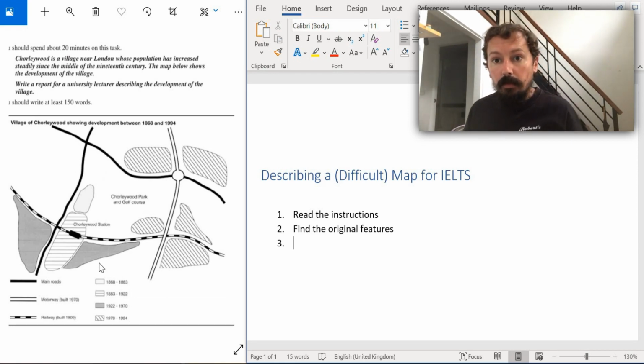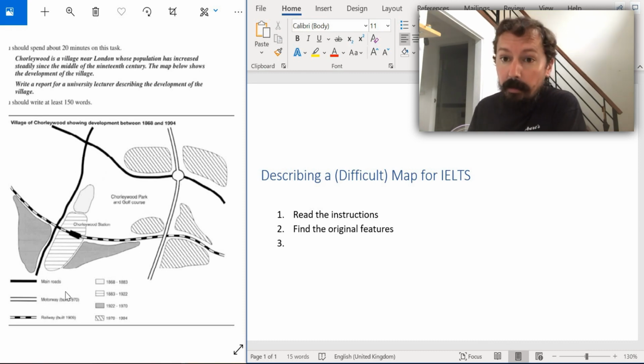So we know from looking at the original data that there was a village here from 1868 to 1883. And we know that this main road that goes past it in a sort of north to south line, and this main road that goes in an east to west way, have no dates.